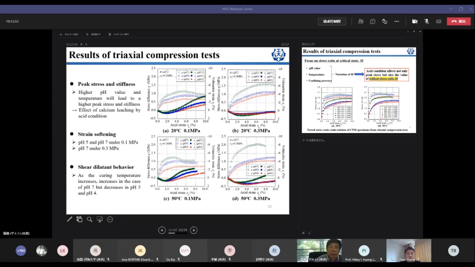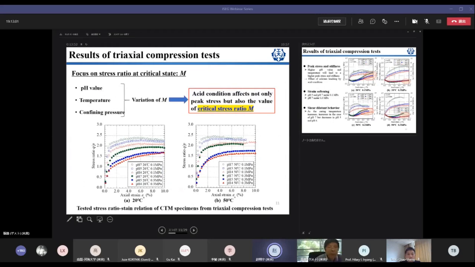So first, we get the mechanical behaviors on the hypothesis that the test is under element conditions. And this is because we want to model the behavior, so we have to understand the critical stress ratio, the shear stress ratio at the critical state.